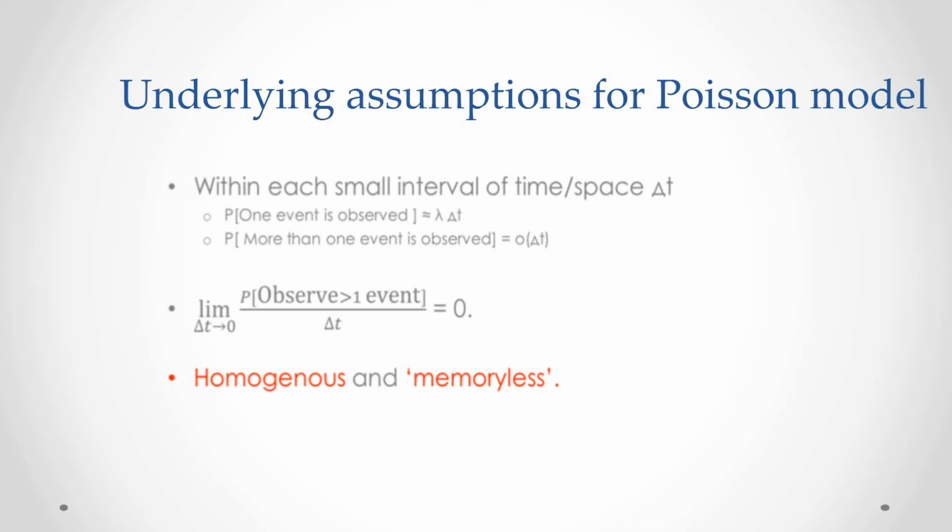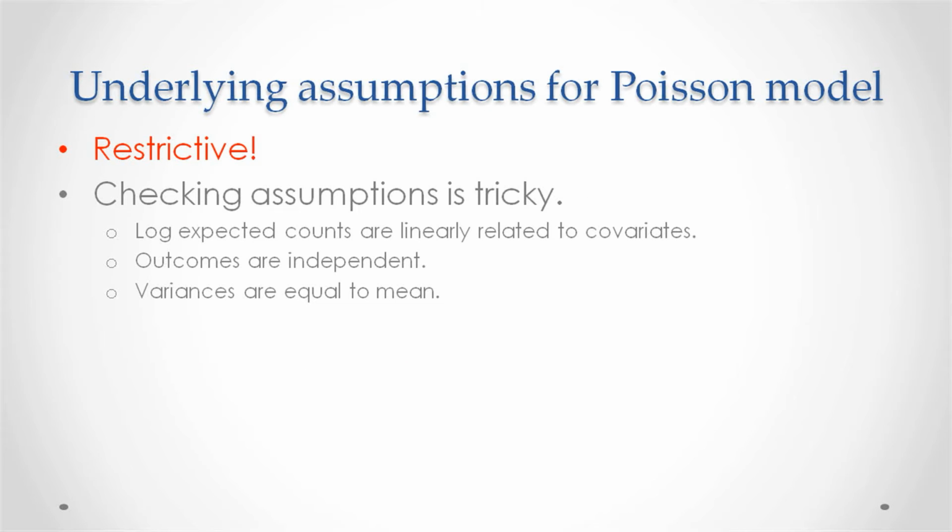We also have a property of memorylessness. The memorylessness property states that if we consider two non-overlapping intervals, then the number of occurrences of the event in these two intervals can be considered to be independent. The assumptions for the Poisson model are thus quite restrictive.